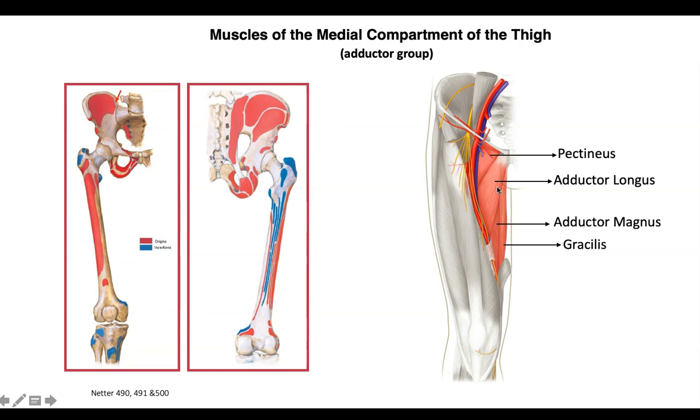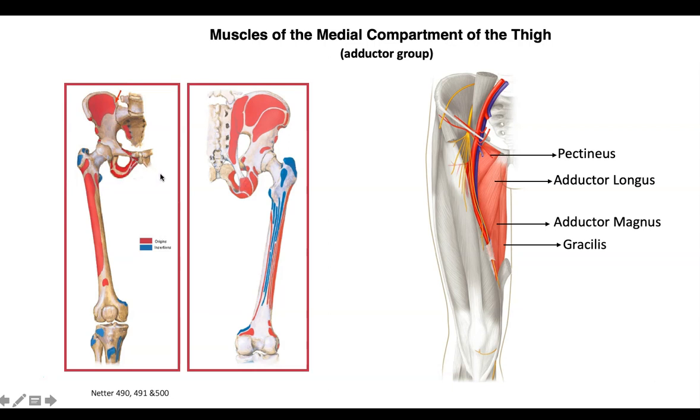All this adductor group of muscles have their proximal attachment to the pubis. See, the body of the pubis and the ischiopubic ramus, and also the ischial tuberosity give attachment to the adductor group of muscles.